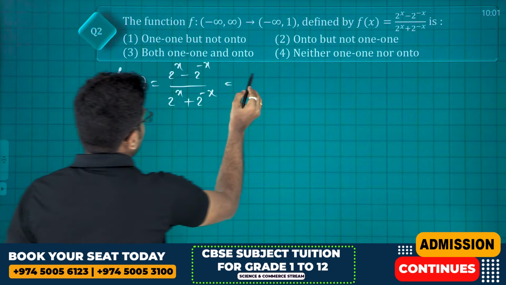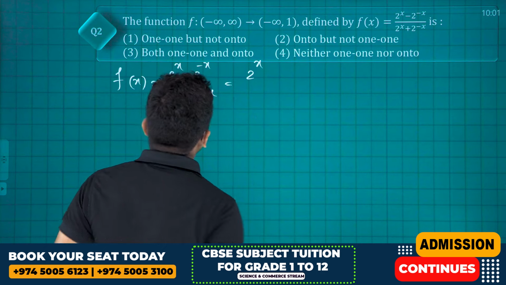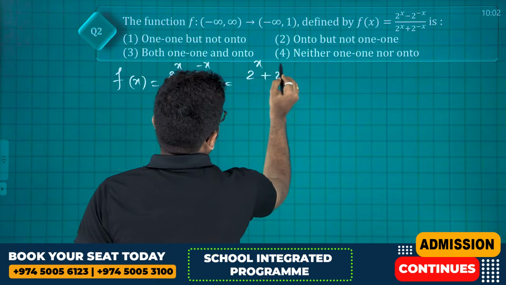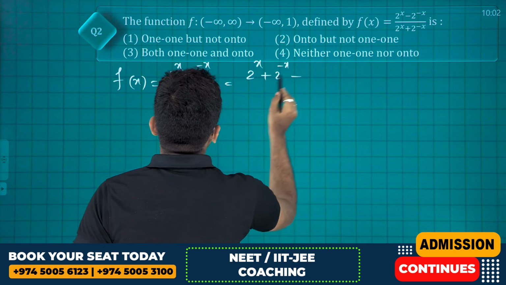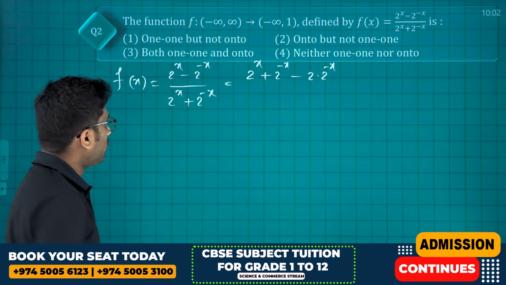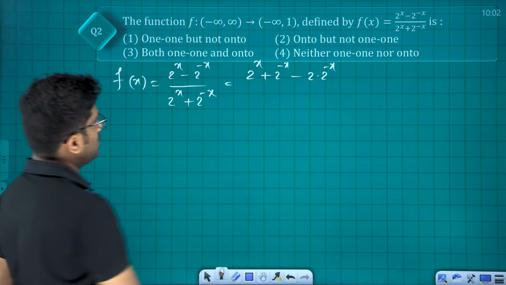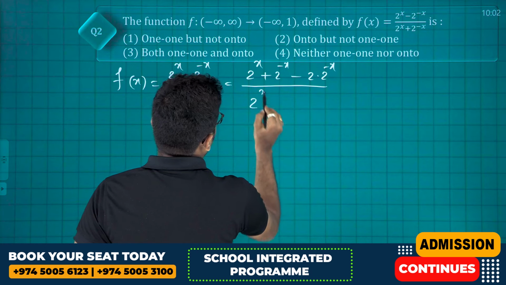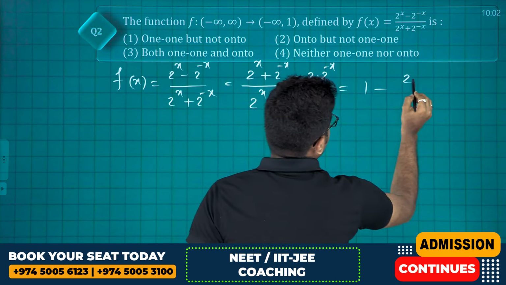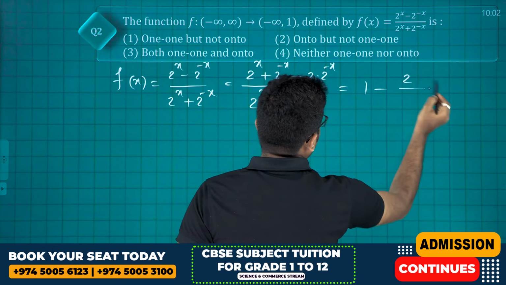Friends, we can write this as 2 power x plus 2 power minus x minus 2 into 2 power minus x. We have added 2 power minus x and subtracted 2 power minus x, whole divided by 2 power x plus 2 power minus x.